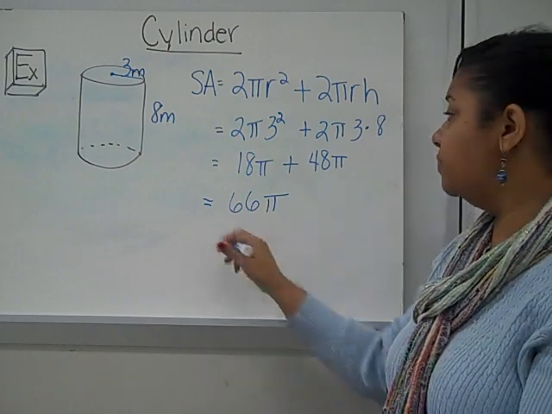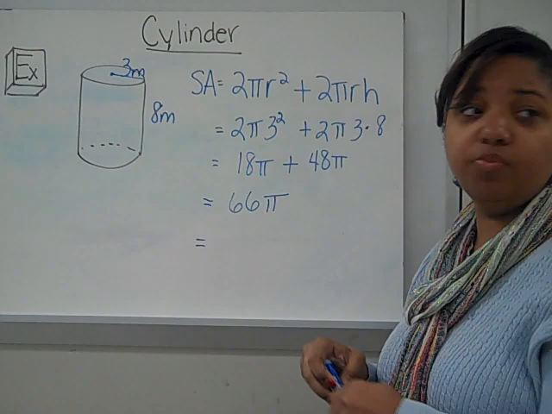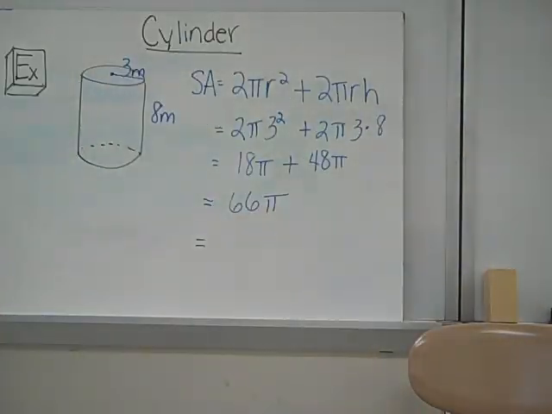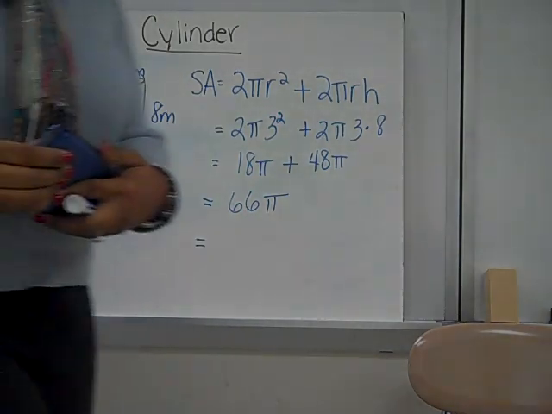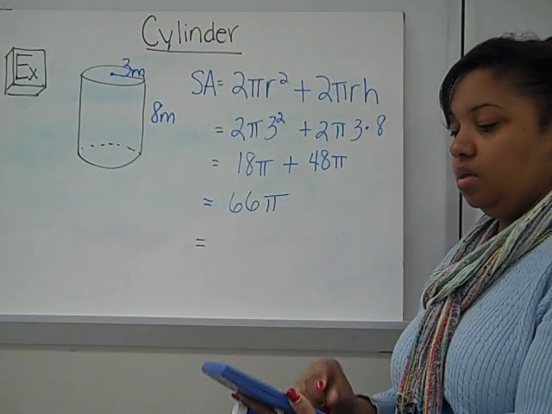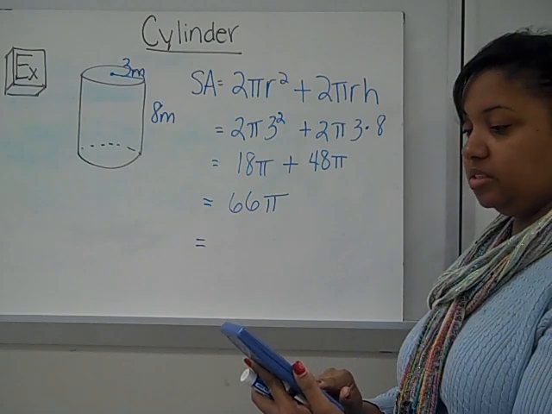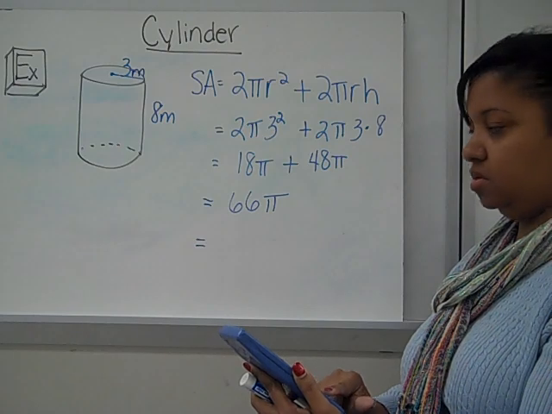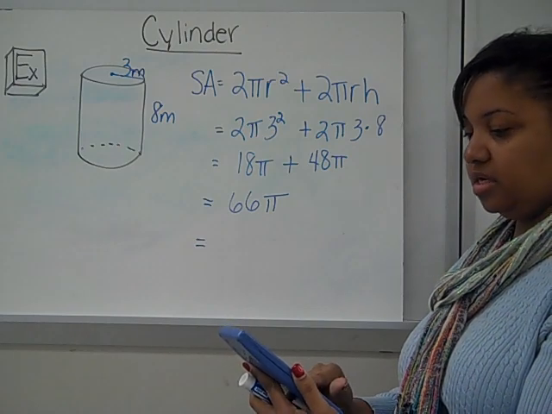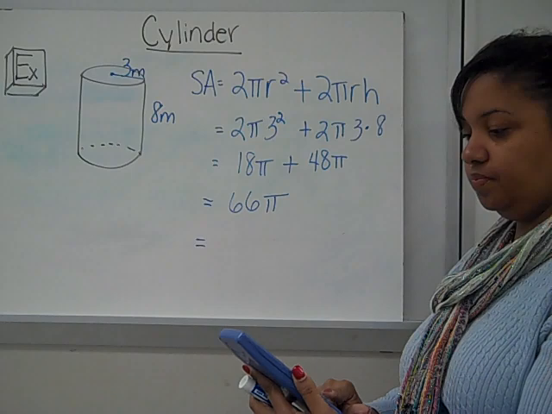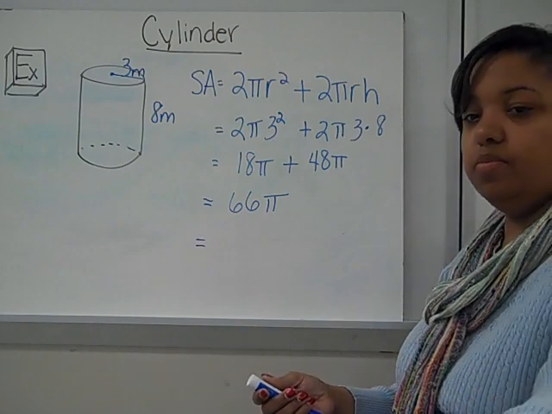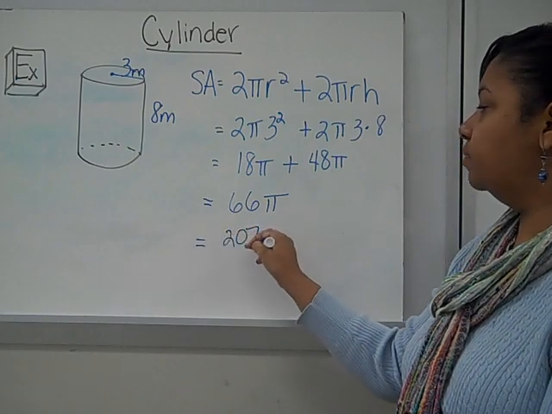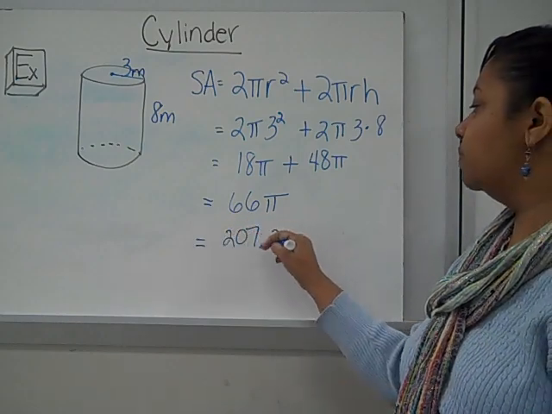Now, I'm going to multiply 66 times 3.14, and forgive me, I have to get a calculator. So once we multiply 66 times 3.14, we're going to get 207.24.